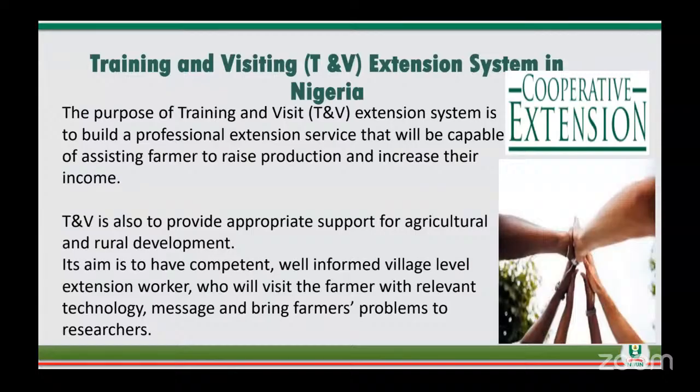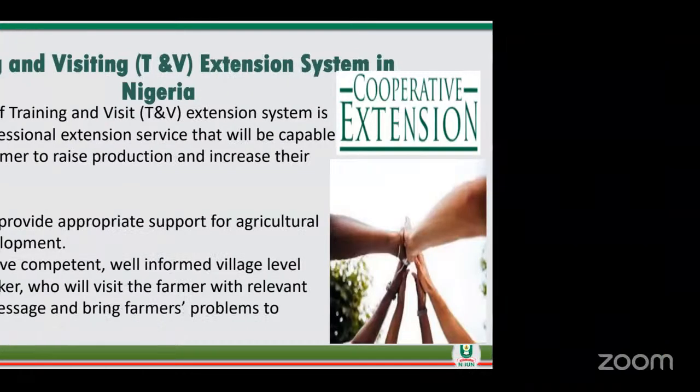The key features of the training and visit system are: one, professionalism at all levels. There are specialists in their various areas.